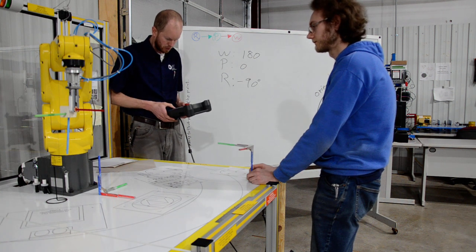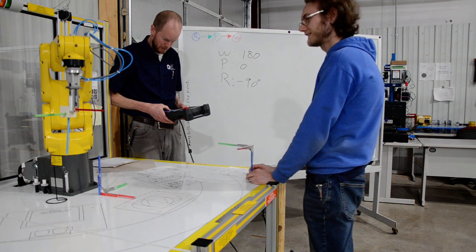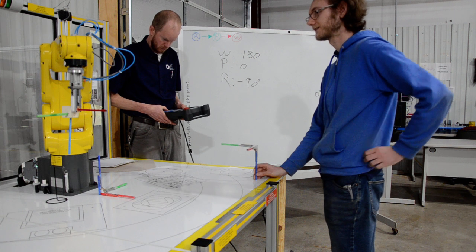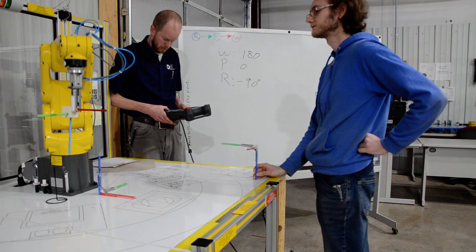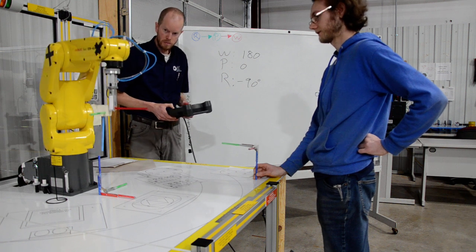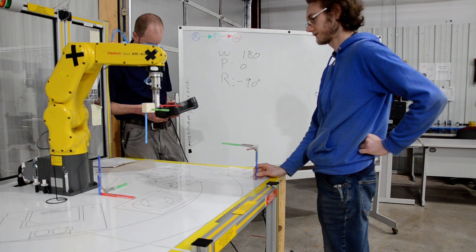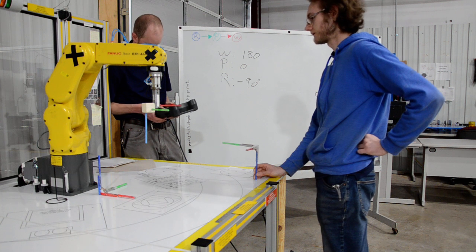Oh, it says unreachable. Hold on a second. Anyhow, there we go. Well, it wants to go somewhere. What I'm going to do is punch it up. Now I'm going to try it.